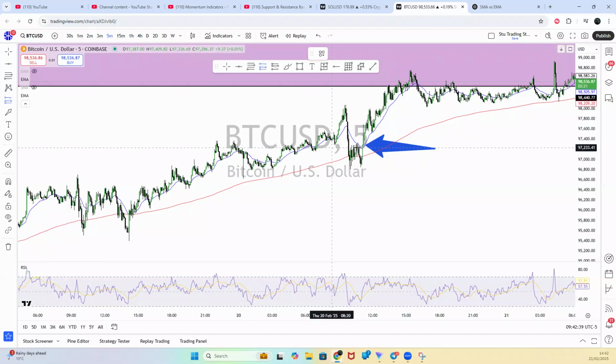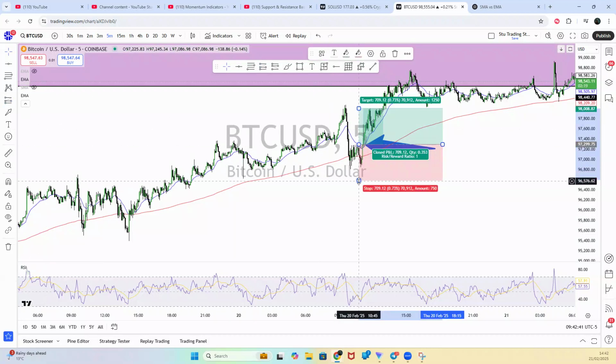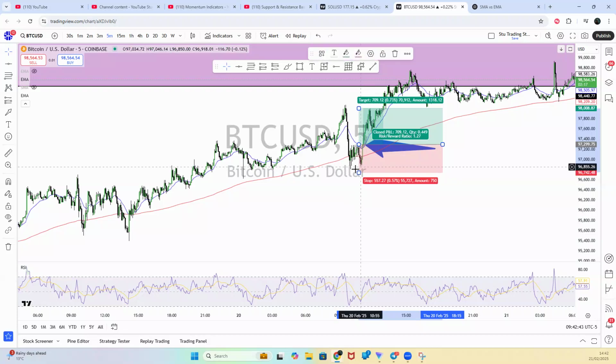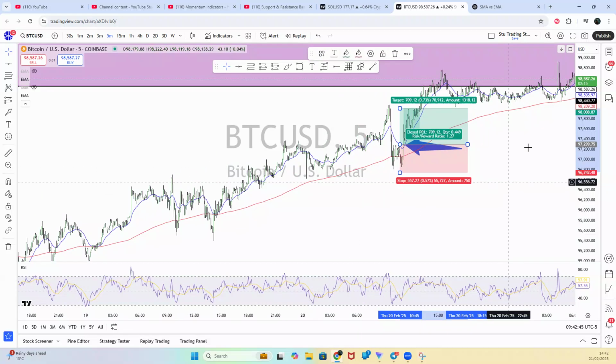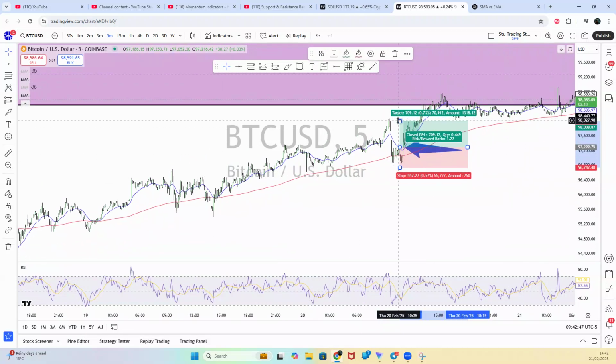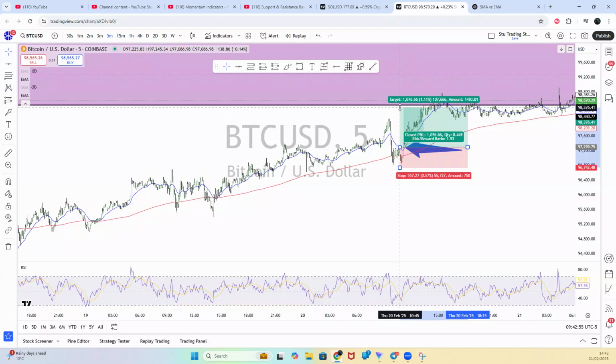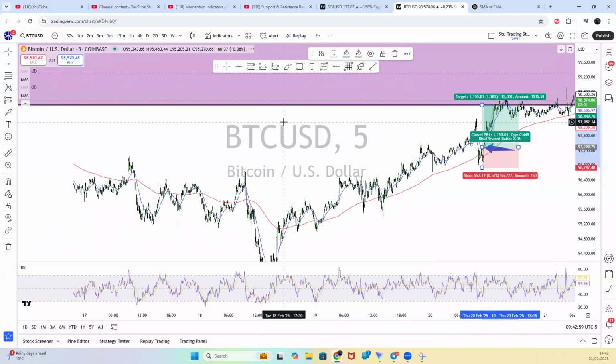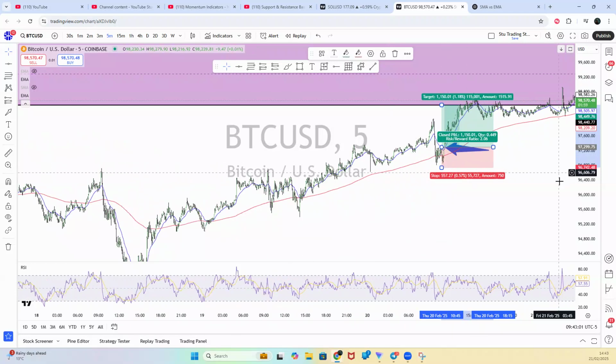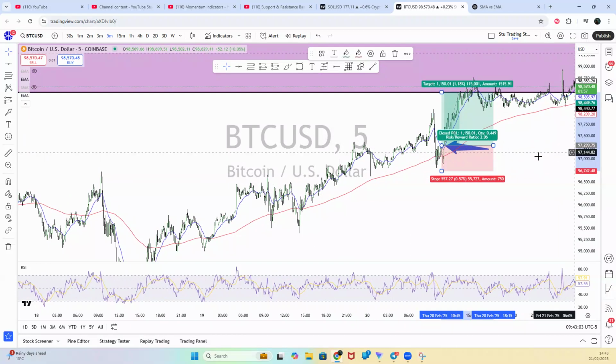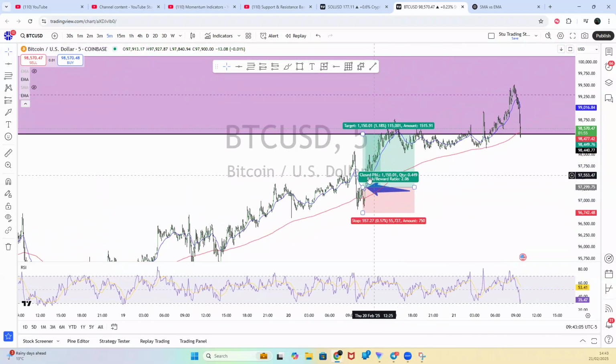If we just simulate a long position, we could use a stop loss below these lows here, and we could target this swing high, and we get a nice risk to reward of 1.36, or perhaps we target this level of hourly resistance that we'd identified on the hourly chart, and that gives us a better risk to reward.